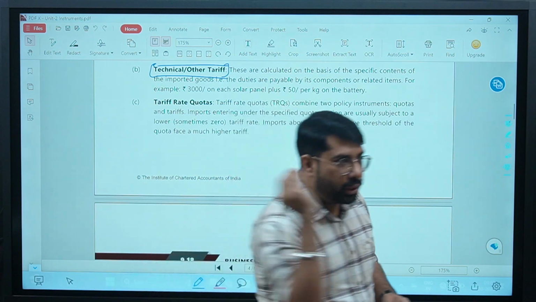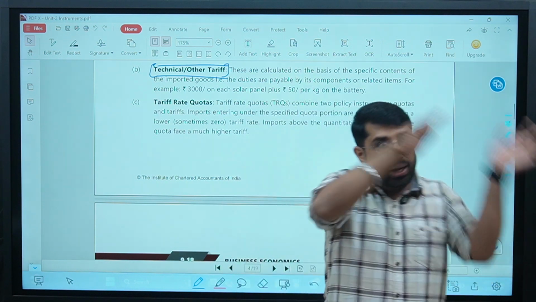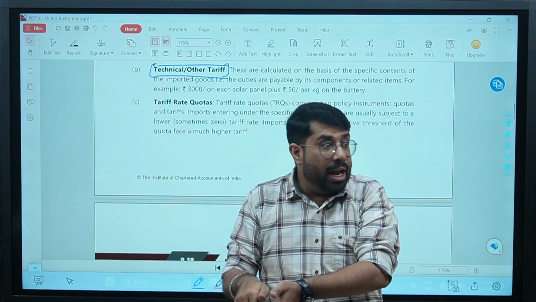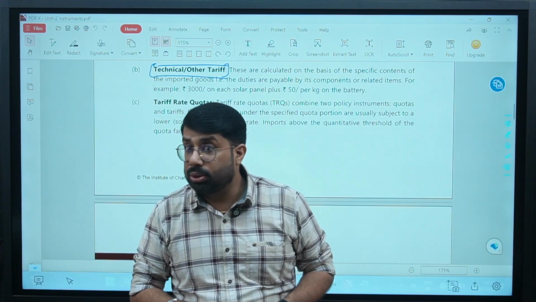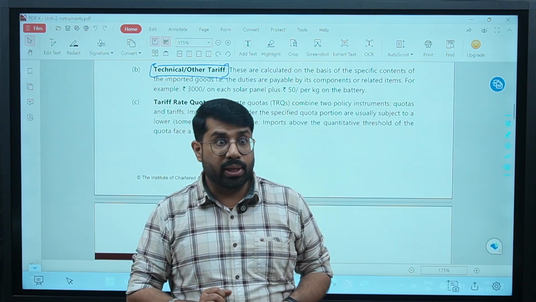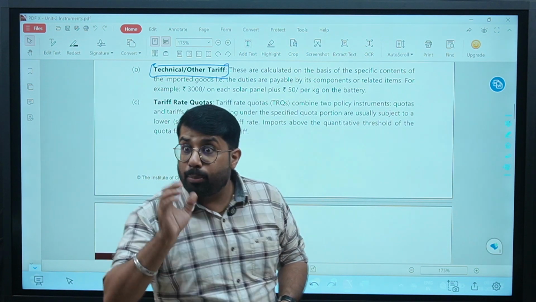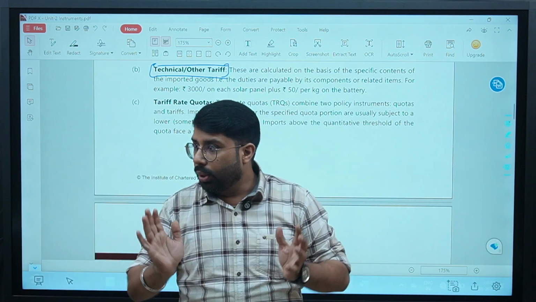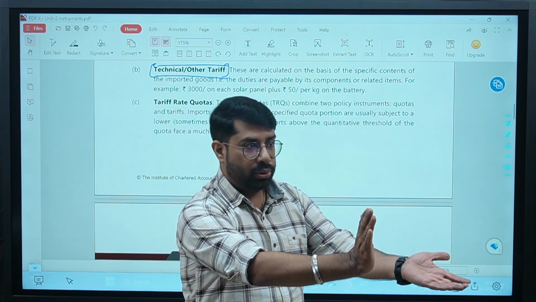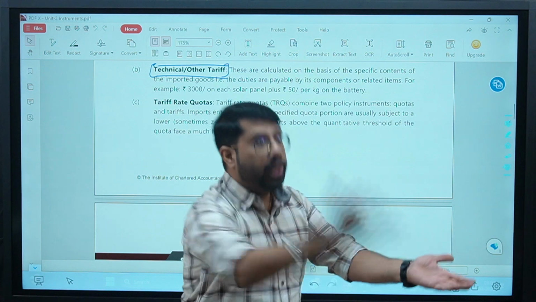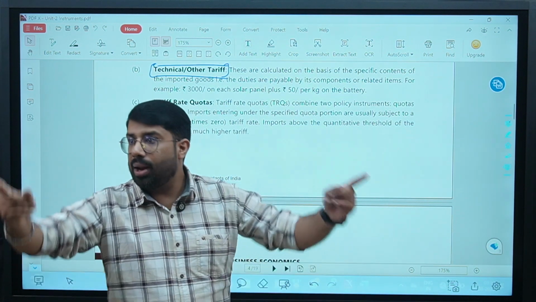So when you are exporting the goods to the rest of the world, you are helping the government to bring new money in the economy. So you are helping the government to make the economy stronger. Government will not charge taxes from you. Government will say, in fact, I will give you subsidies. I will promote you. I will boost you. I will help you. I will push you. Increase your export. We want more money from the rest of the world to strengthen our economy.